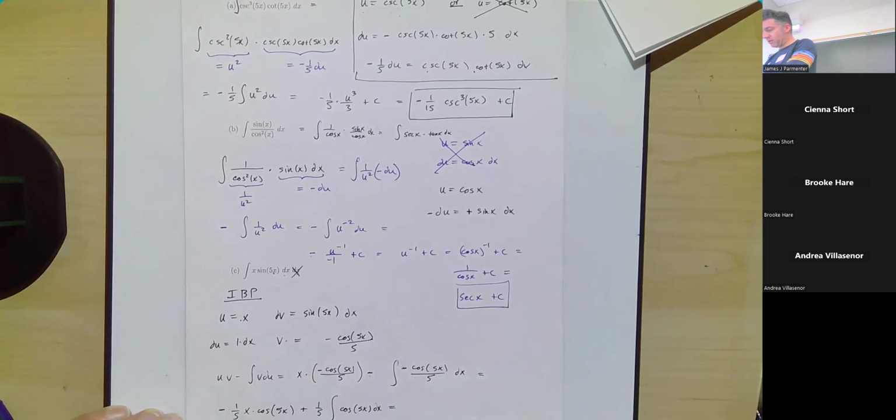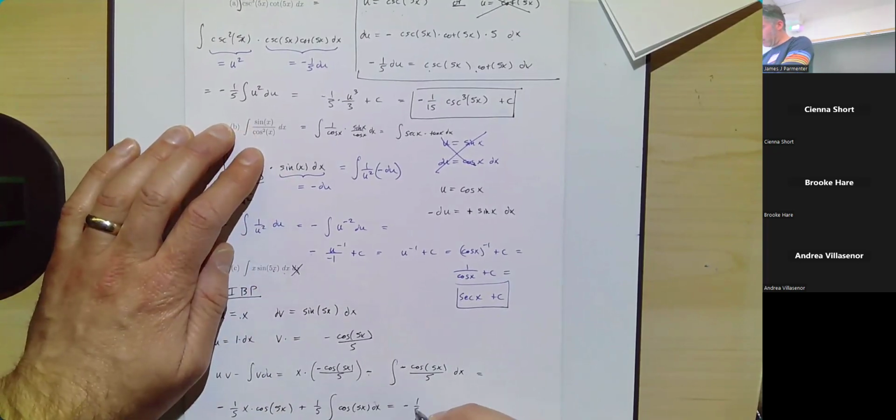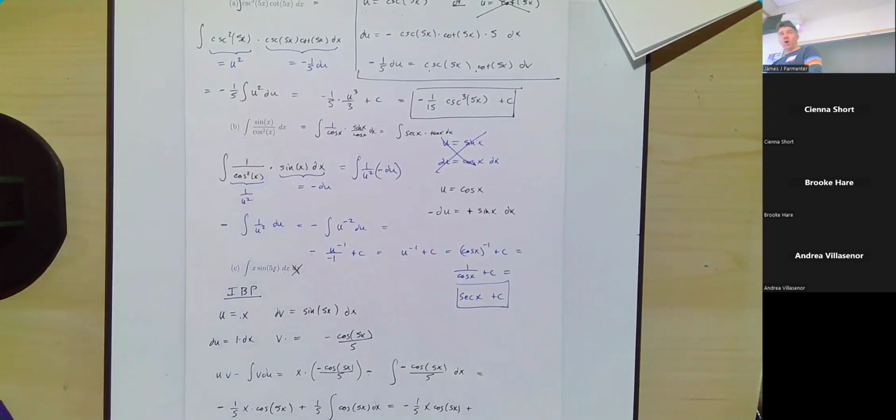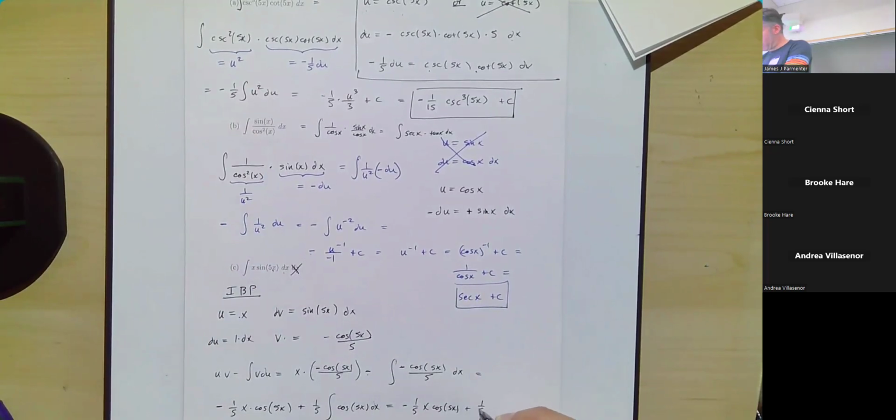And then finally, I'm going to get negative 1/5 x cosine of 5x plus, well, the integral of cosine of 5x is going to be positive sine of 5x divided by another 5. So I'd have 1/5 times sine of 5x divided by 5 plus c. And yes, you could have written this part as sine of 5x divided by 25, but we didn't need to.